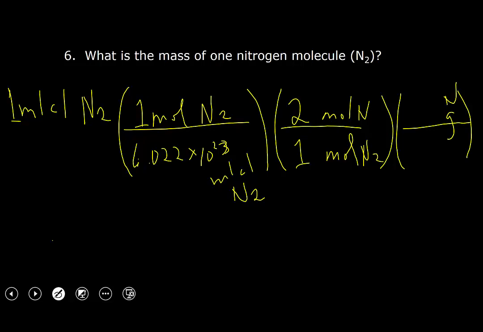Whatever units we have on the upper left, we put on the lower right. So moles of N, grams per mole is a molar mass. This is only 1 nitrogen, so we're going to do 14.01 grams for every 1 mole. All right, now let's cancel our units out to see what we're left with. So we got moles of nitrogen, molecules of nitrogen, so they cancel.